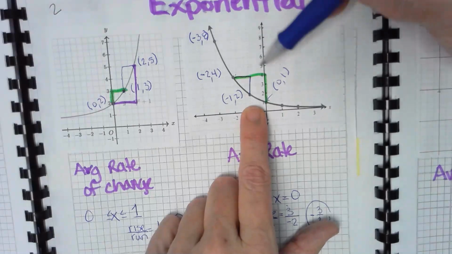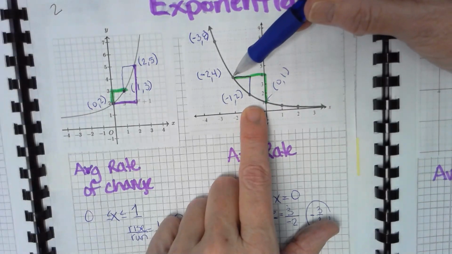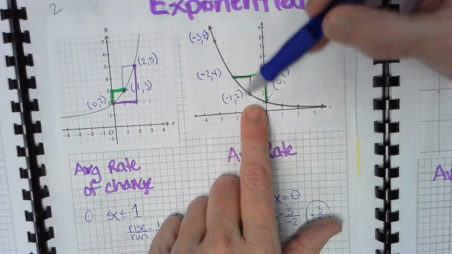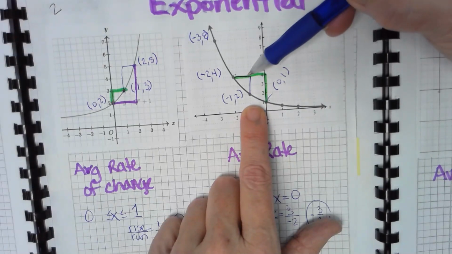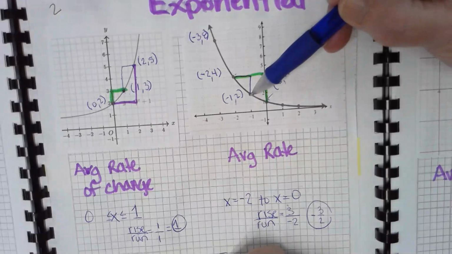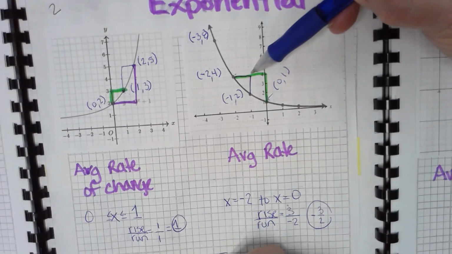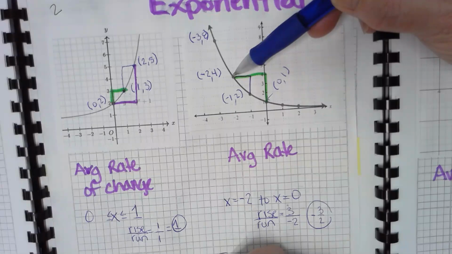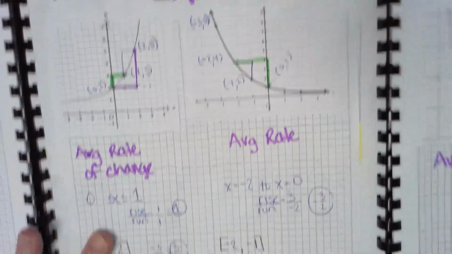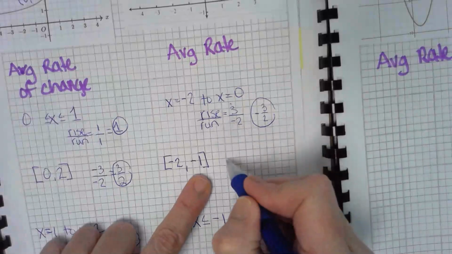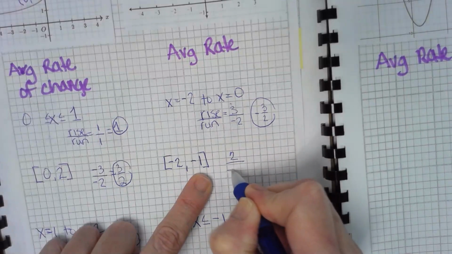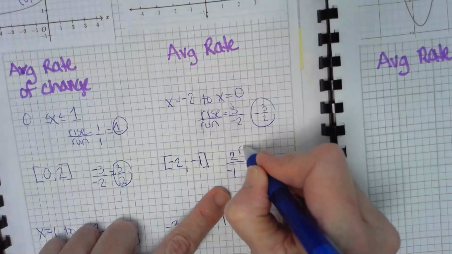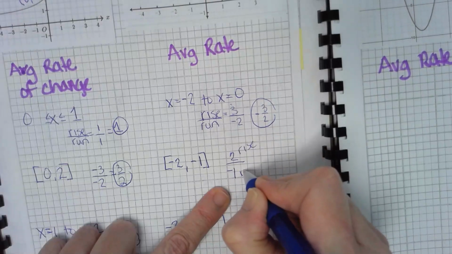And we're going to rise and run. It's from here to here. Rise, run. So y'all tell me what you get. We're going to go up 2 and left 1. Up 2 and left 1. Rise over run.